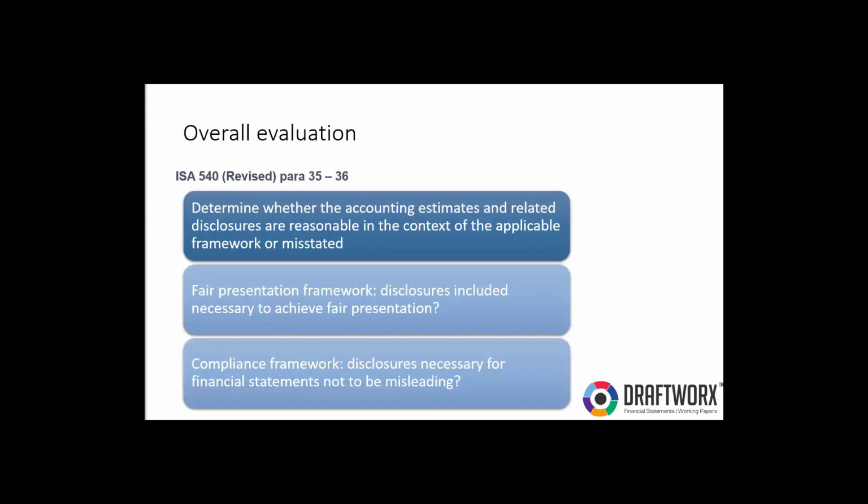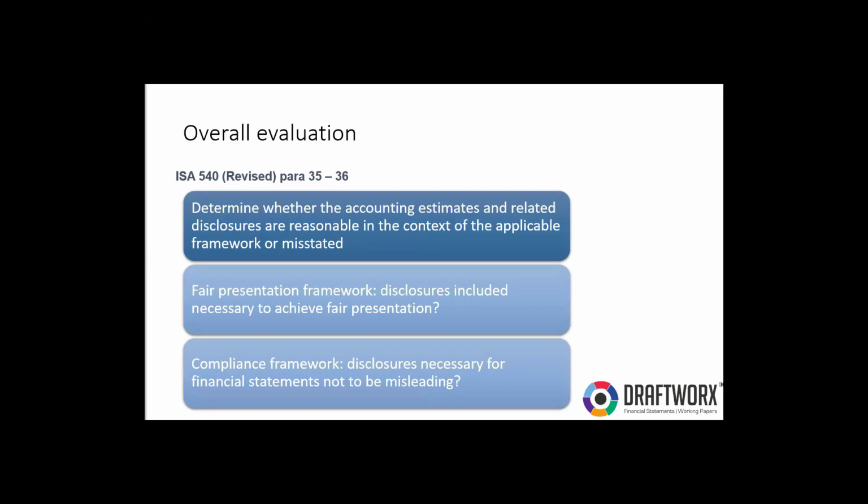Then, after you've gone through all those steps, which are all important, you must pull it together and determine whether the accounting estimates and related disclosures are in fact reasonable in the context of the financial reporting framework, or whether they are misstated. All right, so you conclude here, look at the actual numbers, and you need to make an assessment to determine, is it misstatement, yay or nay?